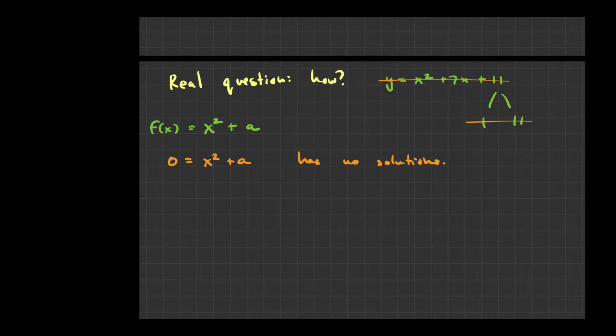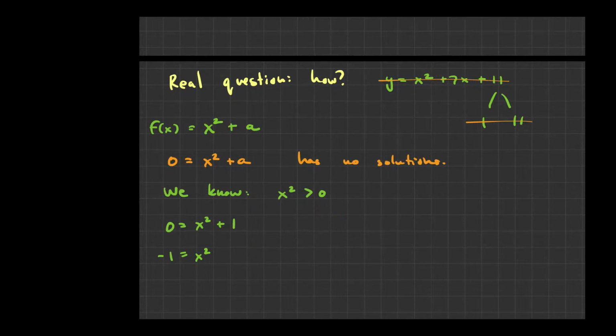So if x squared is equal to a negative number, we know that x squared is always going to be greater than or equal to 0, right? Because even if x is negative, a negative times a negative is positive, and a positive times a positive is also positive. But if for some reason we say that 0 must be equal to x squared plus 1, then if we wanted to solve this, we would get negative 1 is equal to x squared.